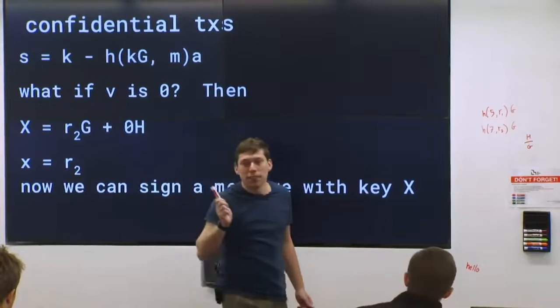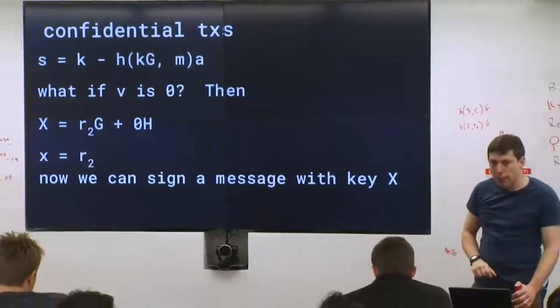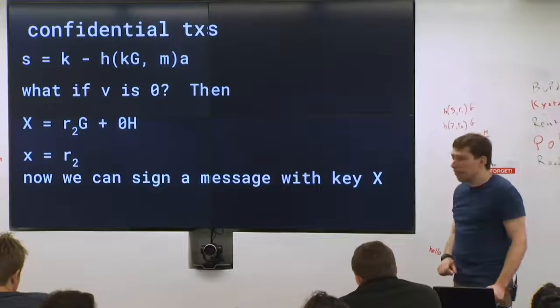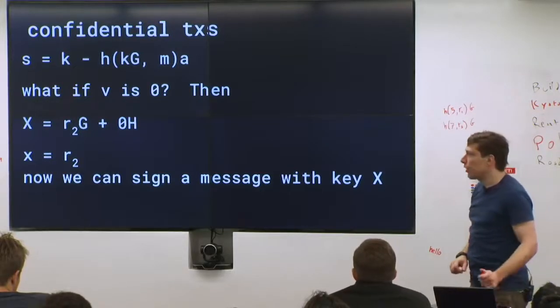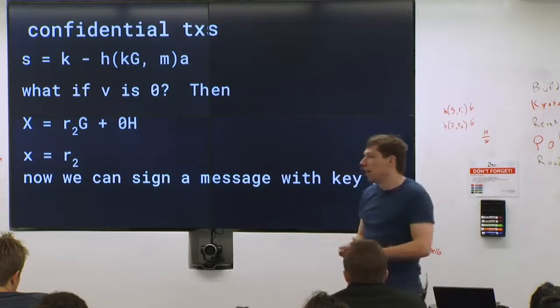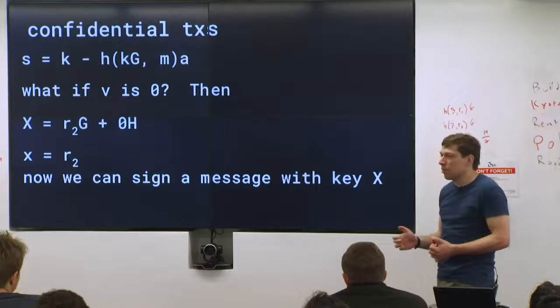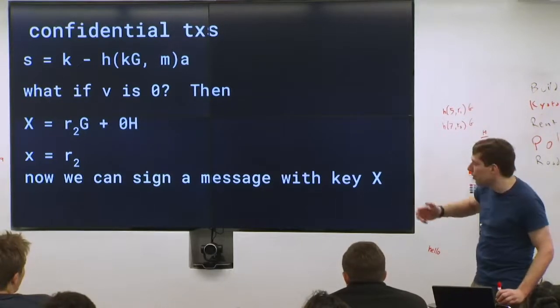Well, now I can sign. Now I can sign with respect to G with this point X that I've committed to, because the value that I'm multiplying by H is 0. So it'll work for a signature system, the same regular old signature equation that we use.